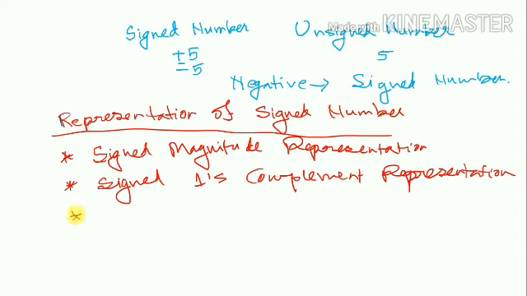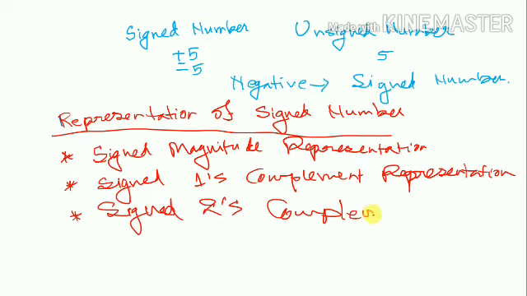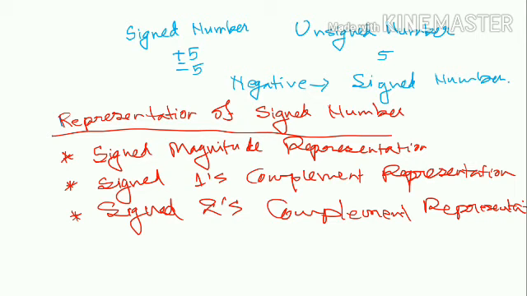And the third one is called signed two's complement representation. Basically these are the three different representation methods of signed numbers.